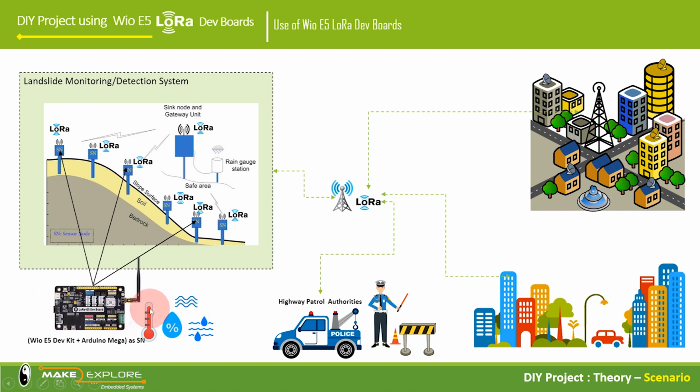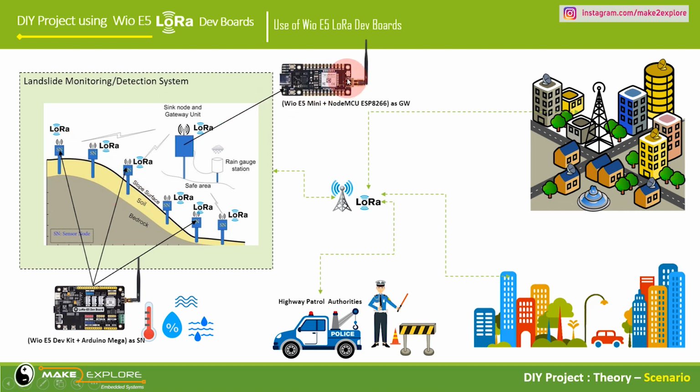As shown in this figure, all these LoRa sensor nodes will then be connected to a gateway node. At the gateway node, we will use another LoRa development board by Seeed Studio, that is Wio-E5 Mini, interfaced with ESP8266. As the figure shows, the gateway node will be at some distance from the other wireless sensor nodes at the landslide-prone area.